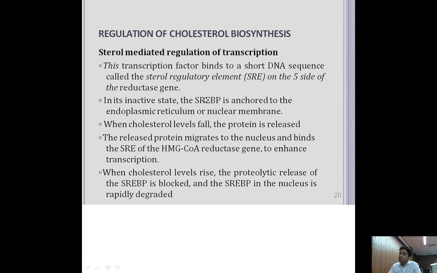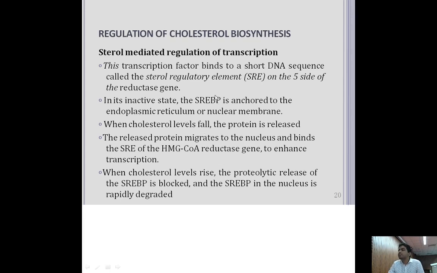This protein SREBP is a regulatory protein, also known as a transcription factor, because it is required for increased transcription. When it is inactive, it is present in the membrane of the endoplasmic reticulum and nucleus. It gets activated when the cholesterol level decreases. When the cholesterol level inside the cells decreases, SREBP is released from the membrane of the nucleus and endoplasmic reticulum.